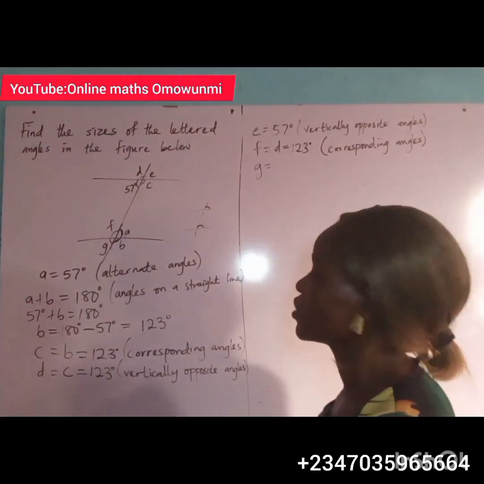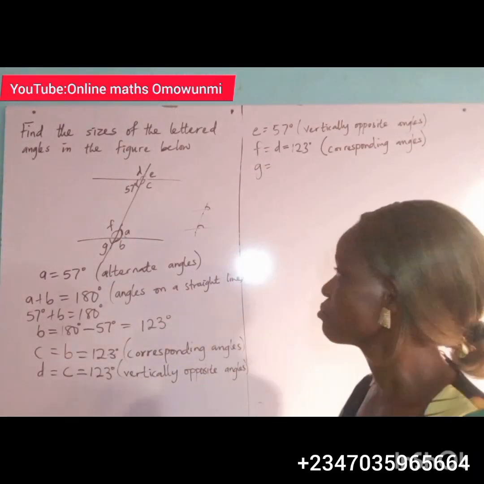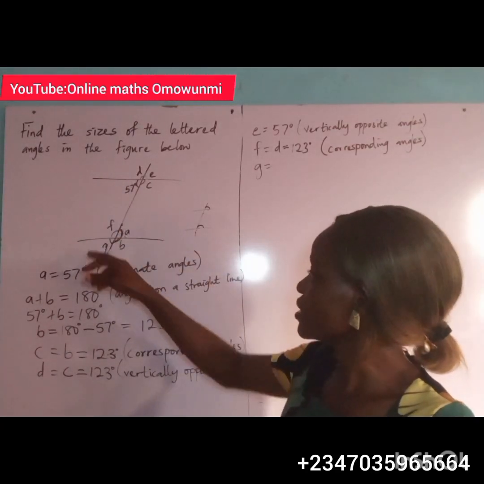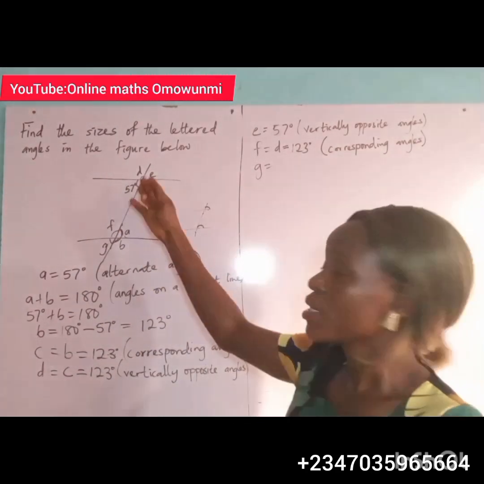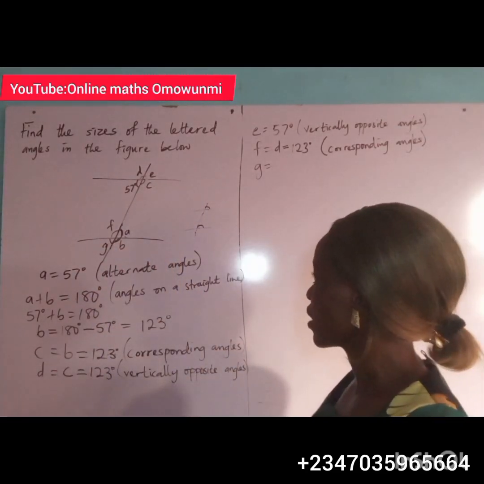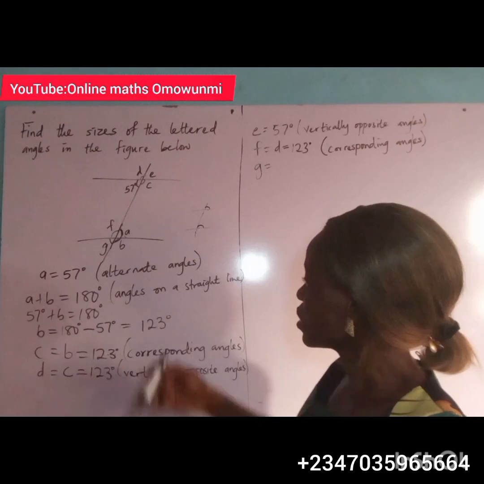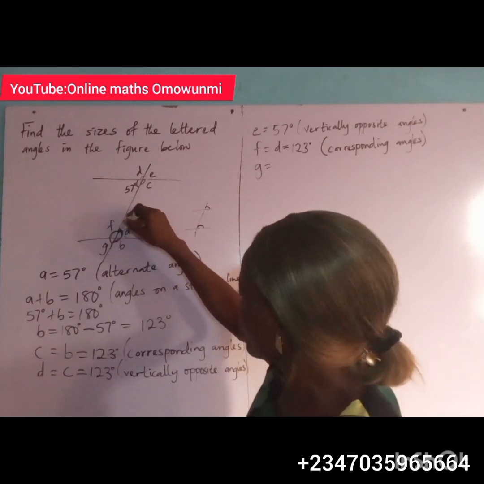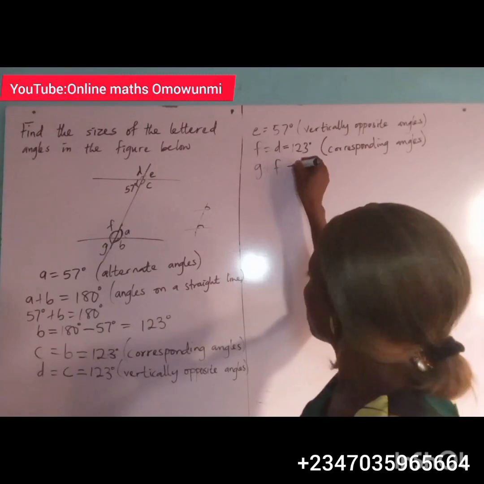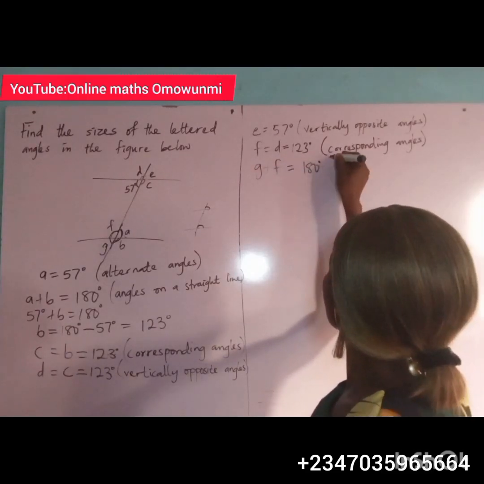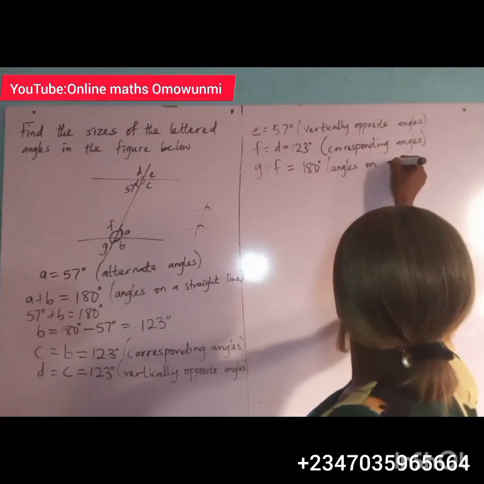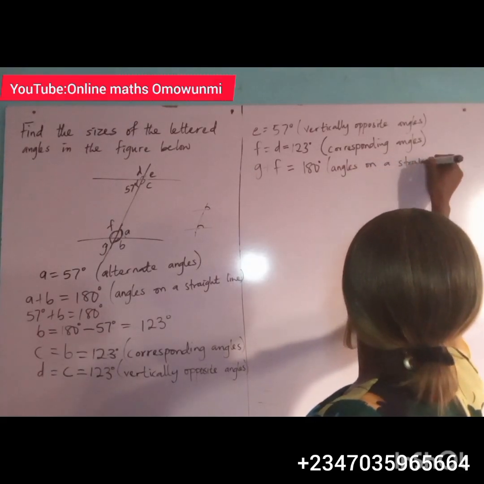Now, after finding F, it is G that we have to find. If you want to find your G, you can use corresponding angles, because this 57 and G are actually corresponding, both of them are on the same side and also under the line at the same time. Or you can say G plus F equals 180 degrees. Your reason: angles on a straight line.